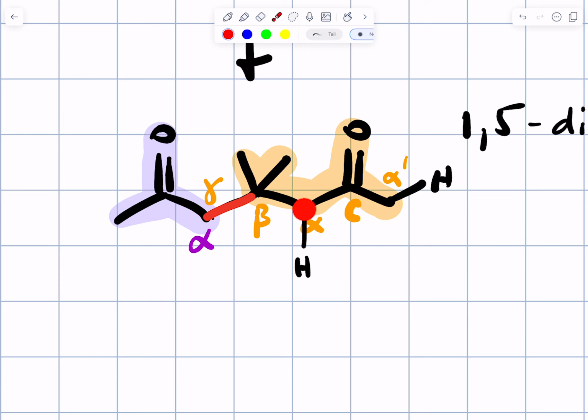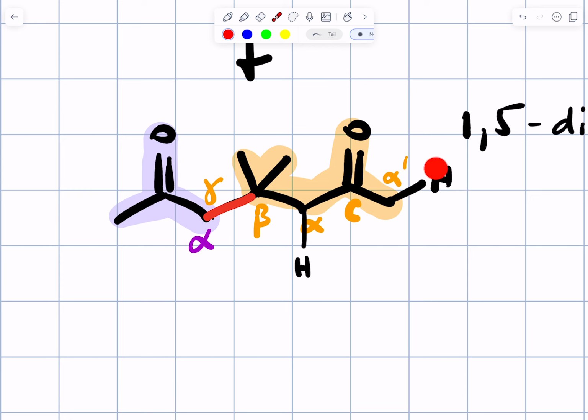If we made the enolate here and it tried to attack this carbonyl, that would be a 1, 2, 3, 4 membered ring product, probably not as stable as the 1, 2, 3, 4, 5, 6 membered ring product that we can get if we remove this alpha proton.